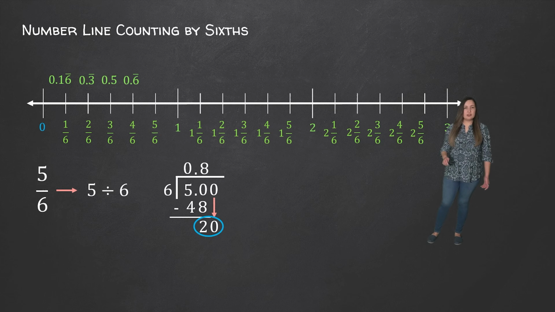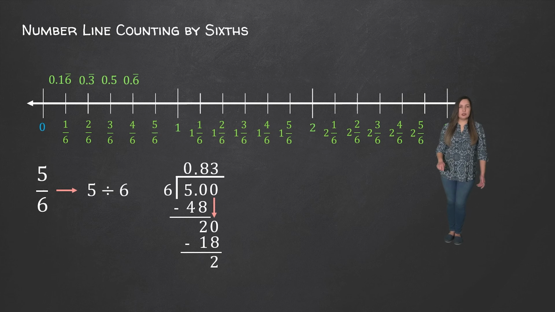So then we ask ourselves, how many times does 6 go into 20? Well, 6 goes into 20 3 times because 6 times 3 is equal to 18. We're going to put the 18 right below the 20 and then go ahead and subtract. 20 minus 18 is equal to 2.